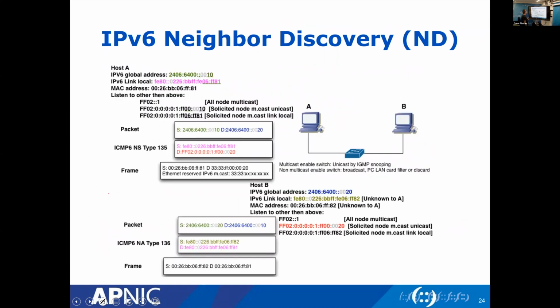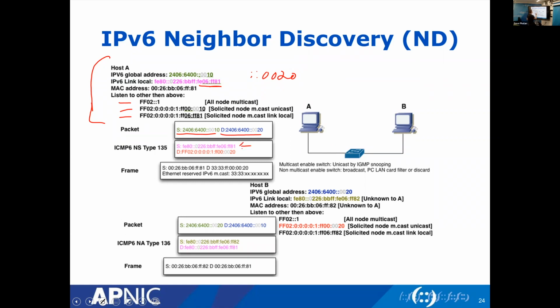Let's look at all my bits of information here. Host A, the things I know. My different multicast groups. And I want to talk to host B, and I'm coming from here, my link local. So I send out a packet with my source and my destination.